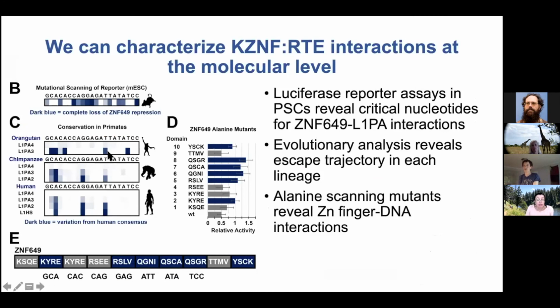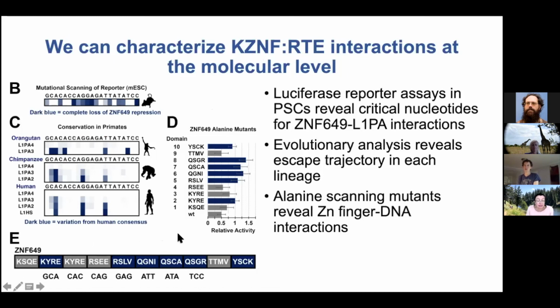And so this is now summarizing a lot of work that we've done looking both on the protein side and on the L1 sequence side to really understand the interactions between the KRAB zinc finger and the retro elements that it can bind in detail.